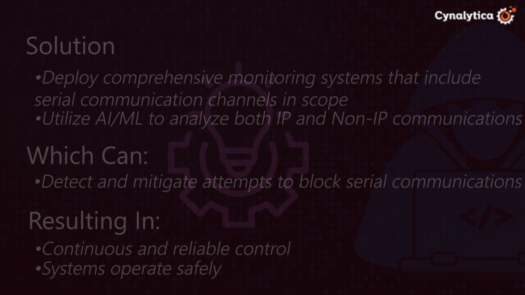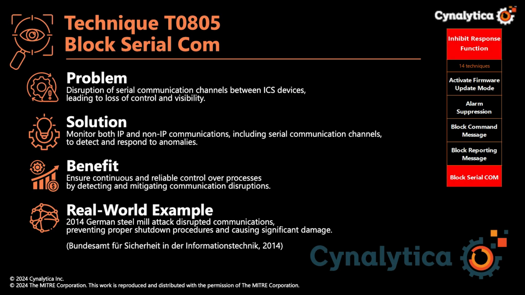Blocking serial communication can disrupt critical operations. By monitoring the integrity and availability of serial communication channels, SyrenQL can detect attempts to block these channels. The continuous analysis of data flow patterns allows for the identification of interruptions or anomalies, ensuring that any blocking attempts are promptly detected and mitigated.